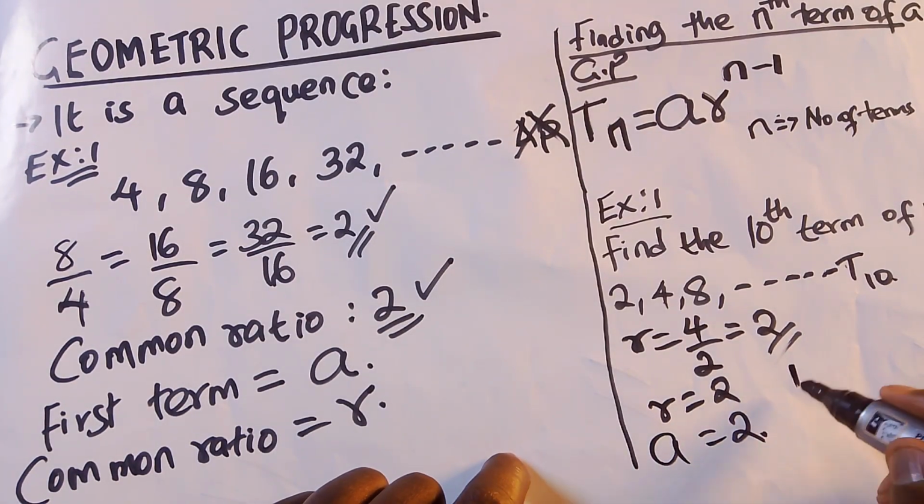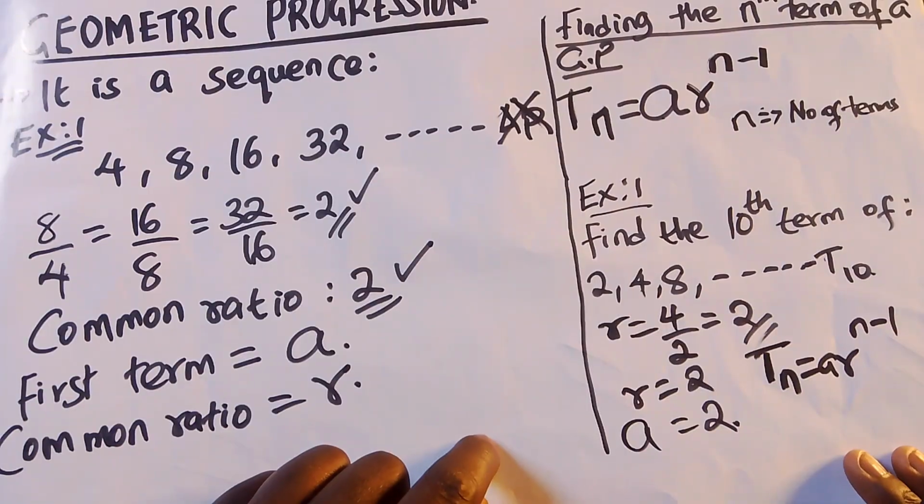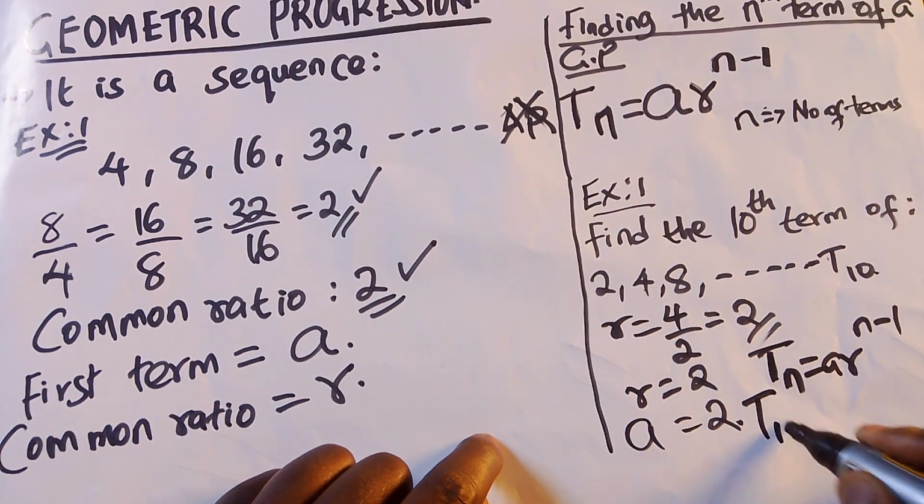Therefore, our nth term, Tn, should be equal to AR^(n-1). We want to get T10.